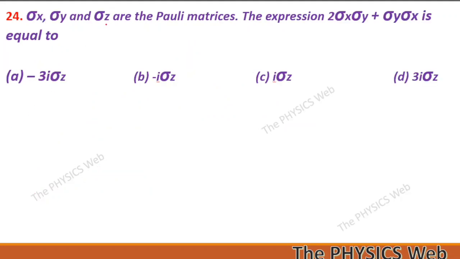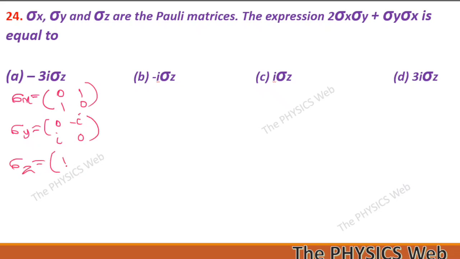Next, σx, σy and σz are the Pauli matrices. The expression is equal to. So you should remember all the properties of Pauli matrices. These are very important questions. σx equals [[0, 1],[1, 0]], σy equals [[0, −i],[i, 0]], σz equals [[1, 0],[0, −1]].